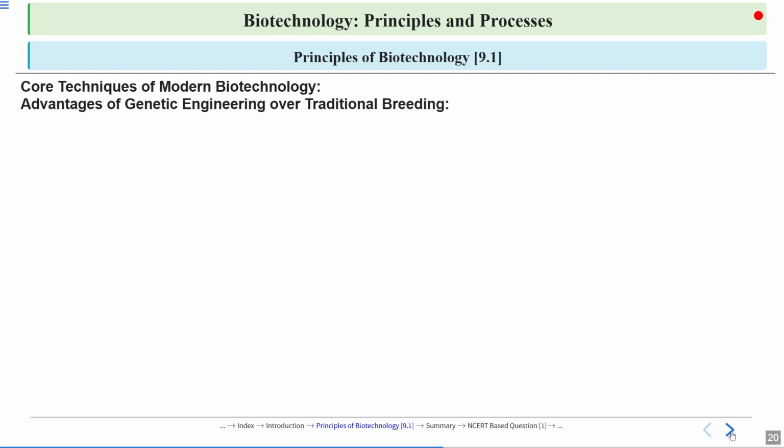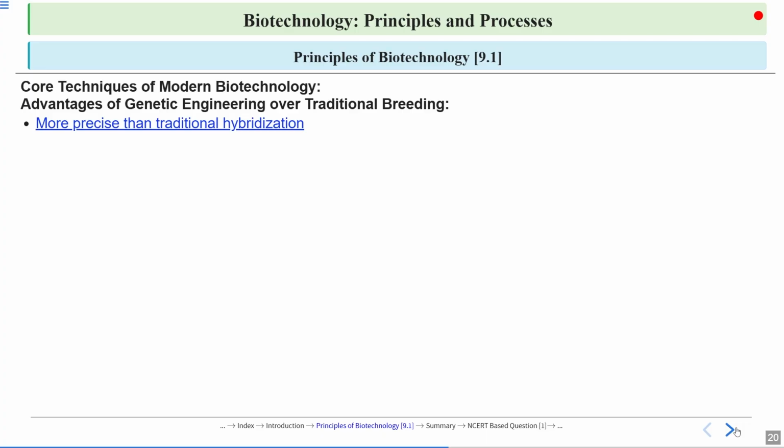So now we have seen what traditional biotechnology applications are. Sorry, it should not be breeding, it should be engineering. What are the traditional biotechnology applications? Sorry for this mistake. And what is the advantage of genetic engineering over the traditional one? Here are the points. First of all, it is more precise than traditional hybridization.